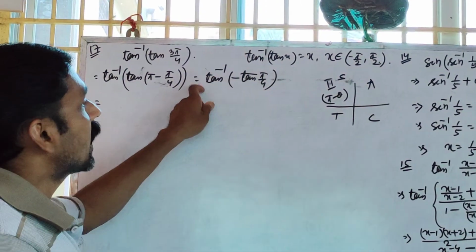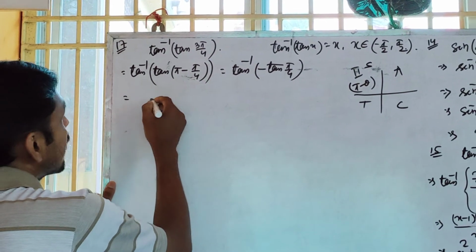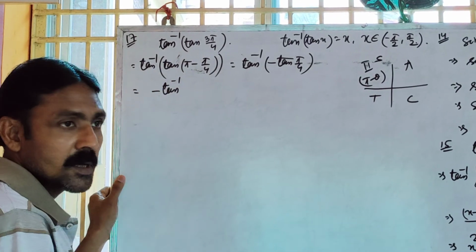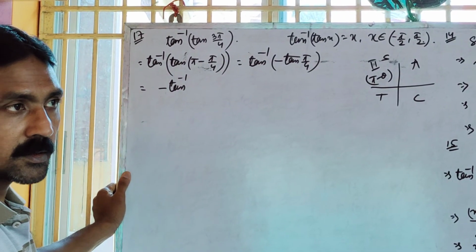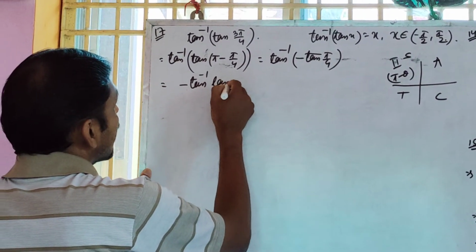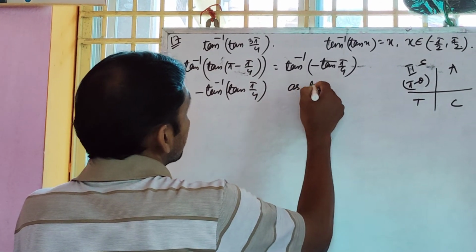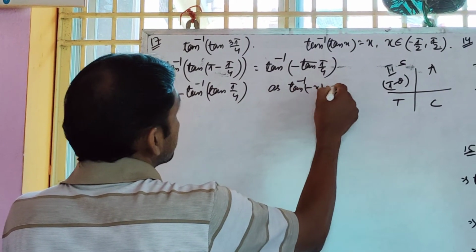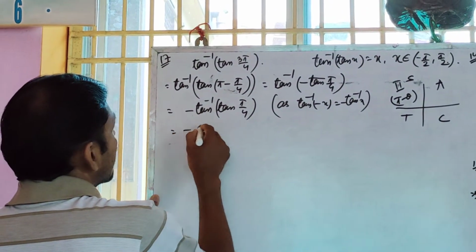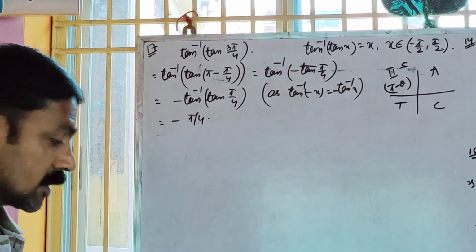Now again it is in the form of tan inverse of minus x, so tan inverse of minus x is minus tan inverse x. Right, tan inverse of minus x is minus tan inverse x. So minus tan inverse tan pi by 4, so it is minus pi by 4. So this is the value of this.